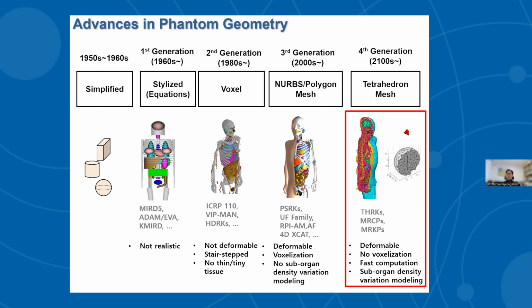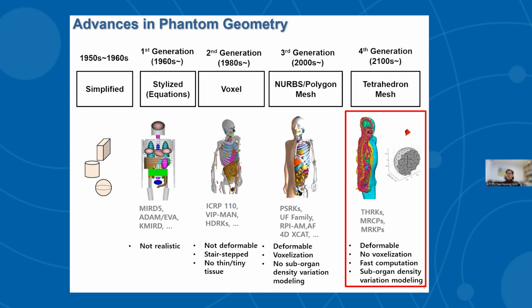But the difference is that the NURBS polygon mesh model is now filled with the tetrahedrons, not voxels. Like this, the sphere is polygon mesh, and the sphere polygon mesh is filled with many small tetrahedrons, not voxels.